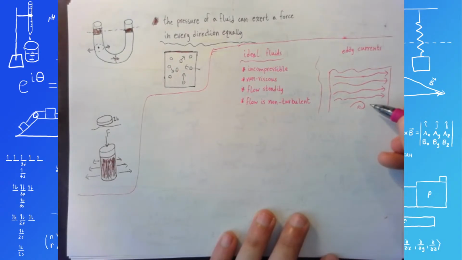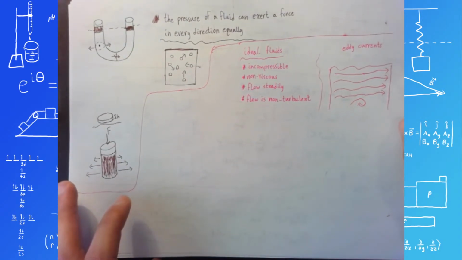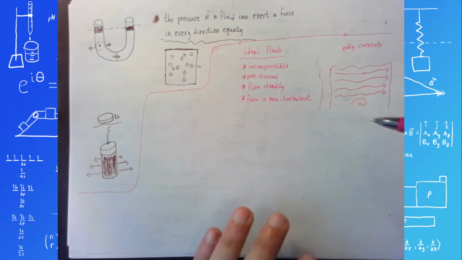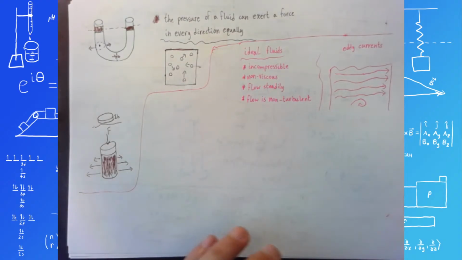Just sections of the water where the particles are flowing in a direction that doesn't really align with the majority of the traffic.